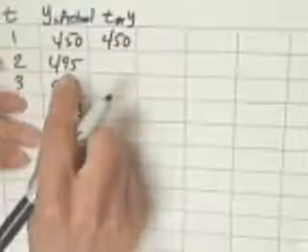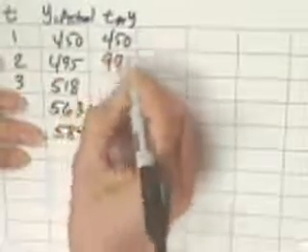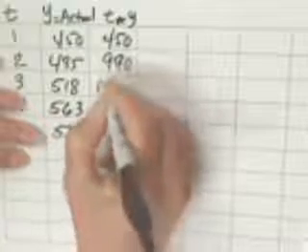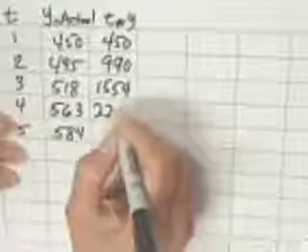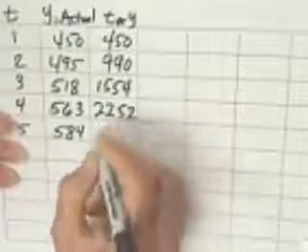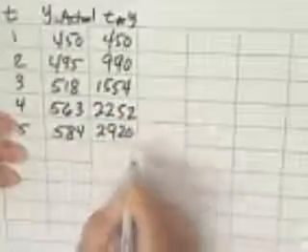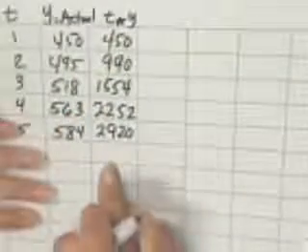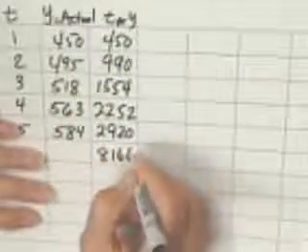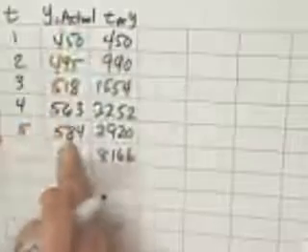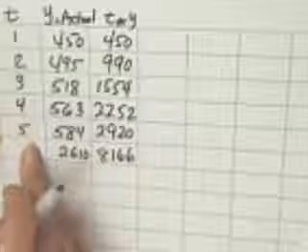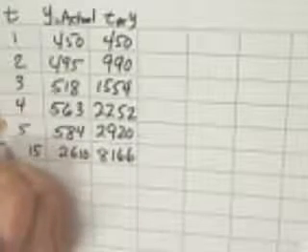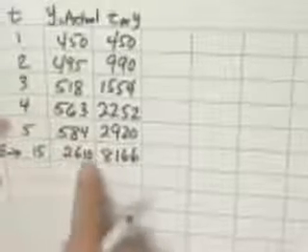So 1 times 450 is 450, 2 times 495 is 990, etc. And the rest would be 1,554, 2,252, and 2,920. The summation of this column is 8,166. The summation of the y column is 2,610, and the summation of the t column is 15. This is the summation row.